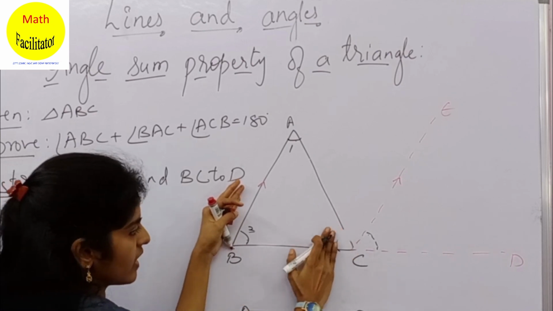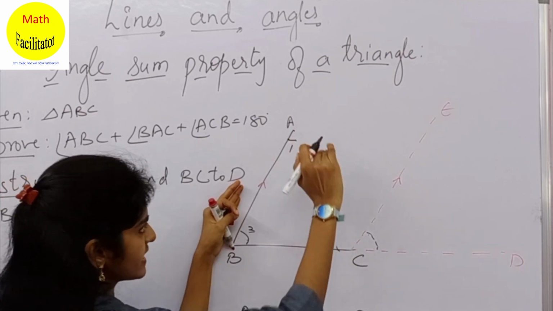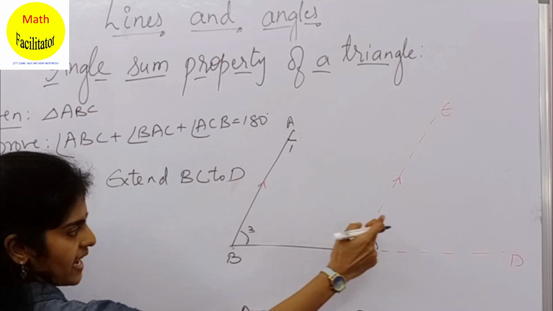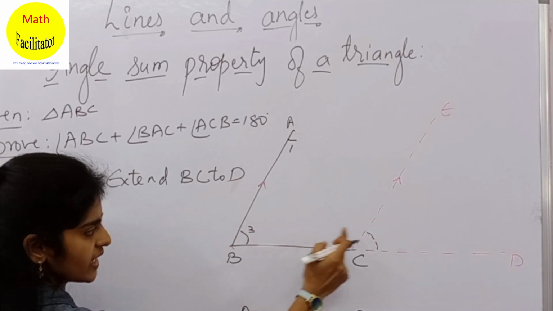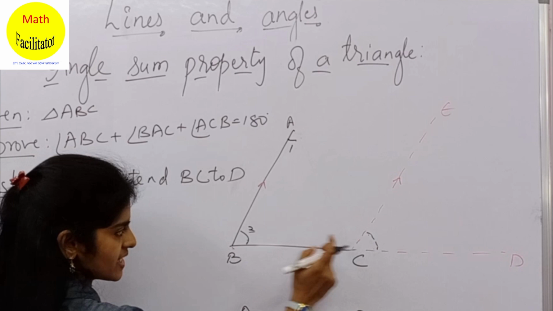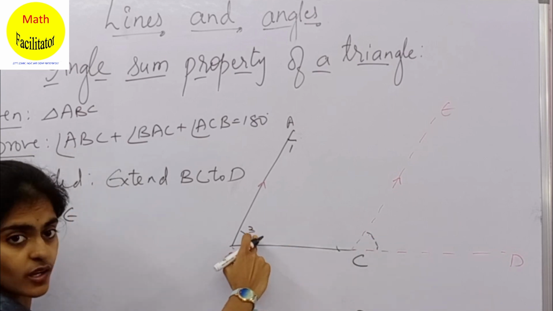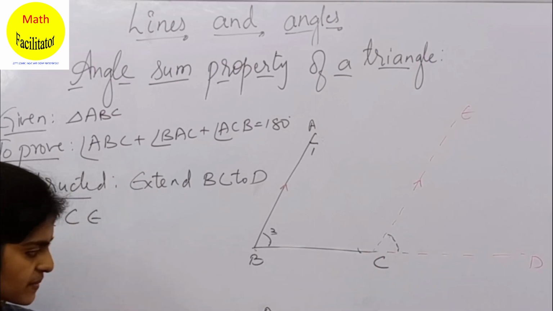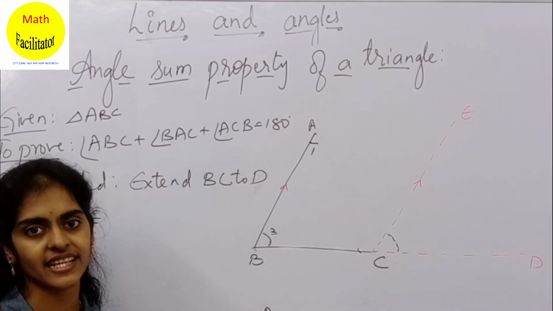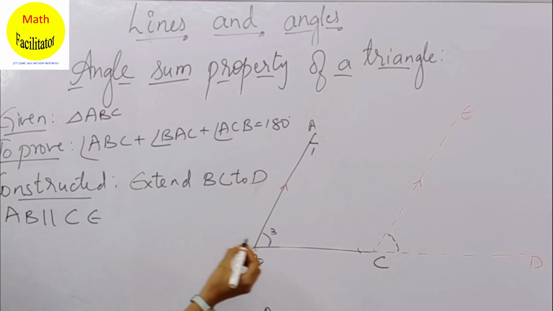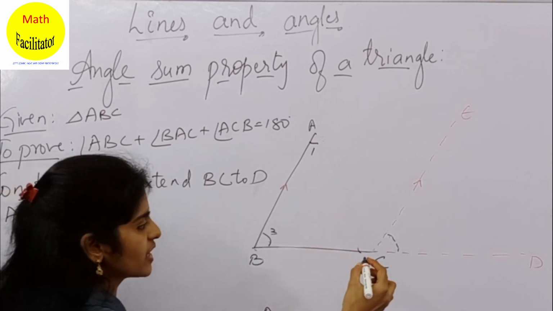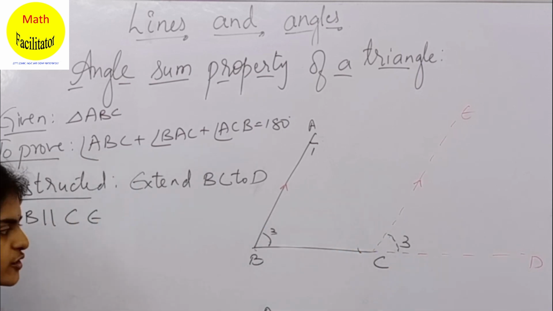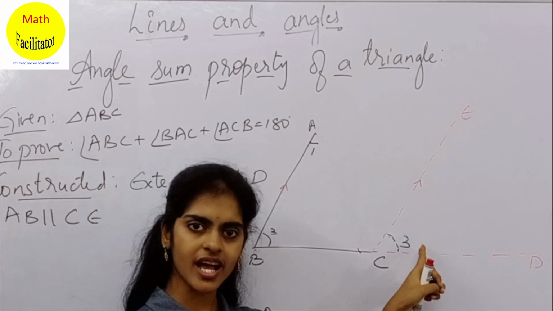Now you are just ignoring this other line. Now these two lines, one is interior, one is exterior, and these two are on the same side of the transversal. That means these two form corresponding angles. You have learned that corresponding angles are equal. So if this is angle 3, this is also angle 3.